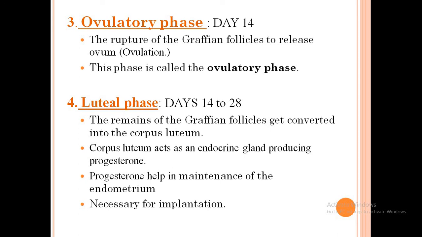The first 7 days, that is from 14 to 21 days, the corpus luteum keeps on waiting for the ovum to come, and it takes 7 days for the ovum to reach the uterus. Now, if that ovum is fertilized, implantation occurs. If that ovum is not fertilized, the unfertilized ovum is thrown out of the body.